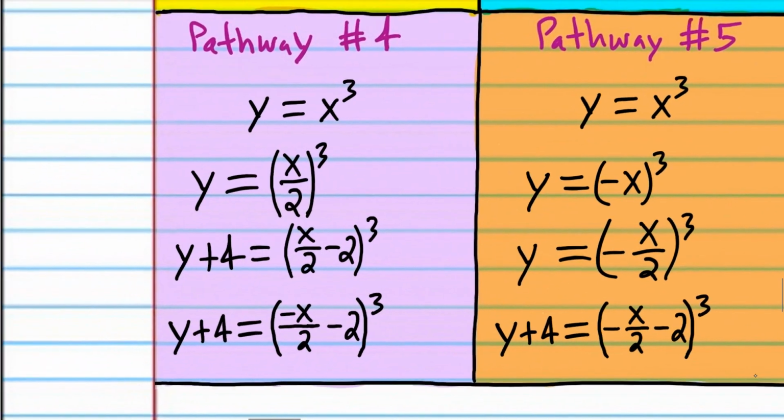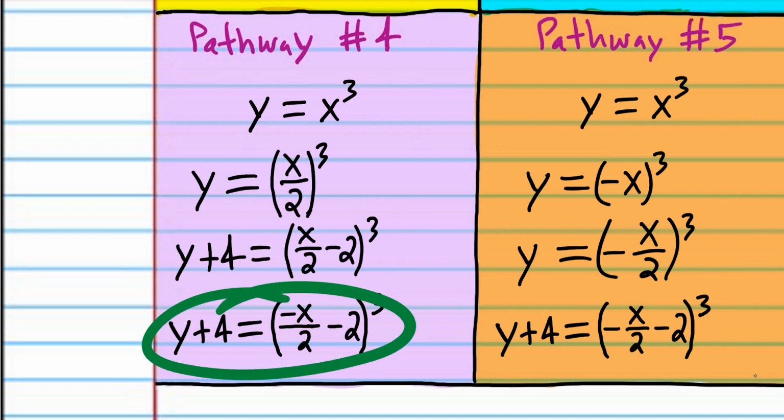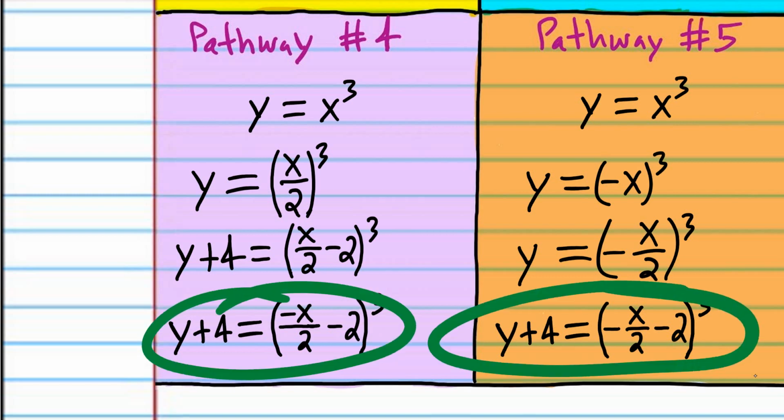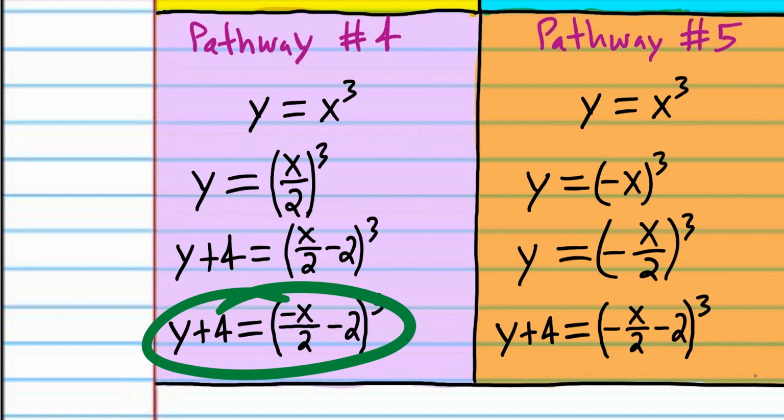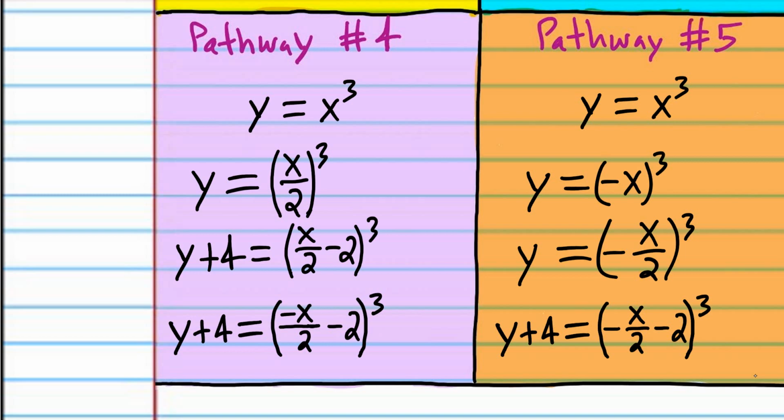Okay, on to pathway number 4. Again, all of these equations down here are correct. There's nothing wrong with the equations. It's just that we can't use the transformation properties in every pathway without modifying expressions. So we have the parent equation. We're going to replace x with x over 2, multiply all the x values by 2.